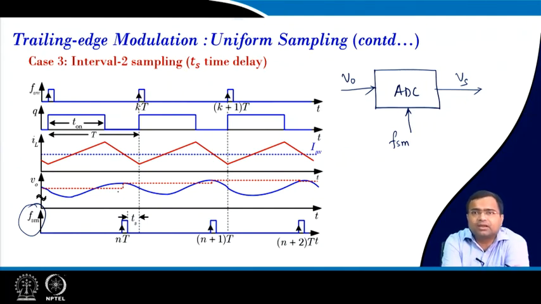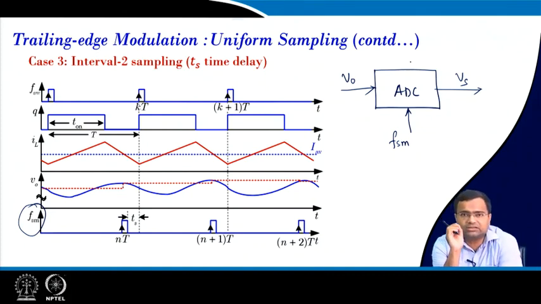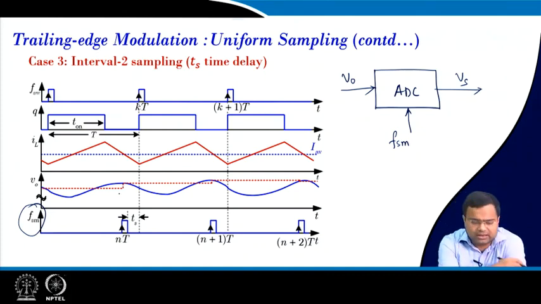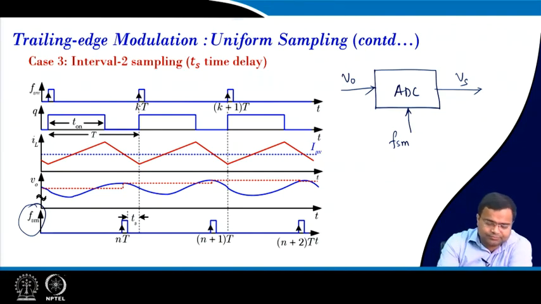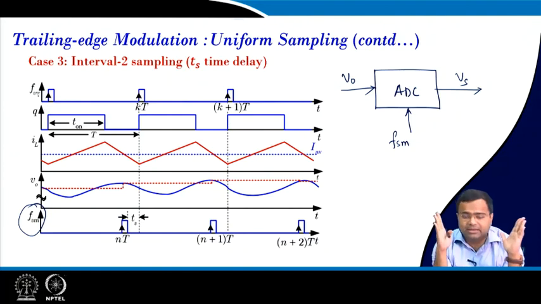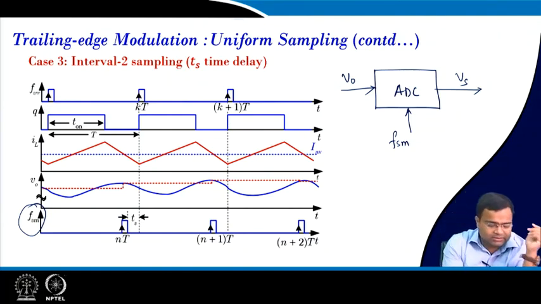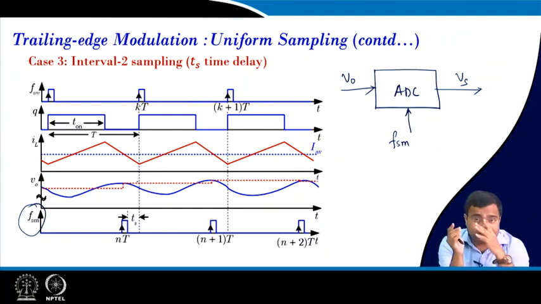Why? Because we are still not considering the delay of the conversion, we are just showing the sampling clock. It is just for the concept, because here we are using the sampling frequency and the switching frequency the same, they are exactly the same, but there is a time shift. That means sampling is occurring earlier than the switching event takes place.